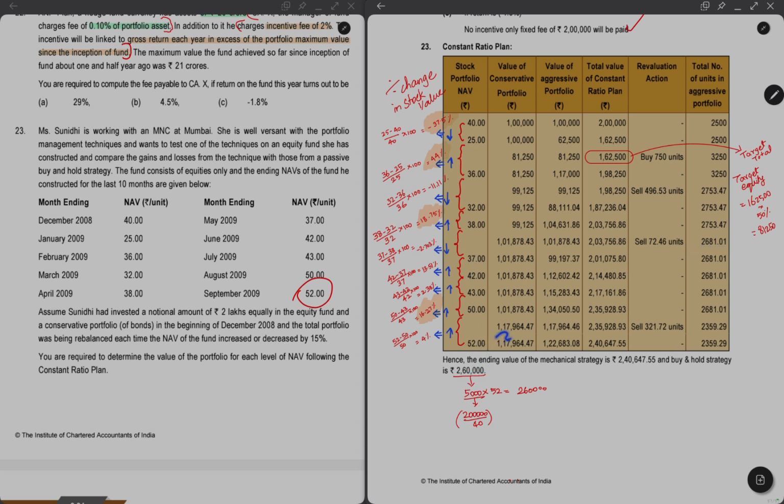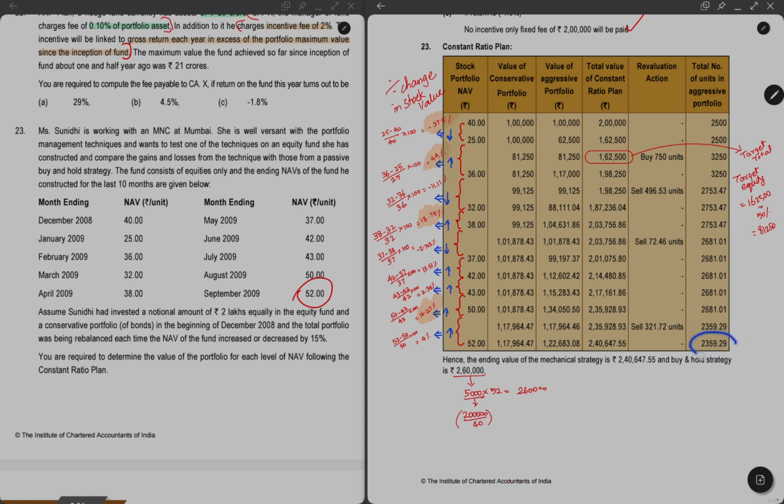Same case goes further till the end of September 2009, and after that there is no trigger for almost 3 months. Only during August 2009, from 43 it has increased to 50, thereby making a difference of 16 percentage, which is more than the 15 percentage. Hence it triggered the ratios. So from 1,34,000 the balance has reduced, hence we have to sell 321.72 units.